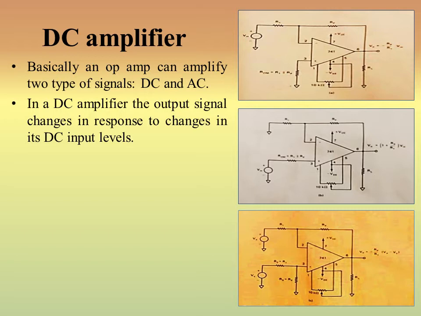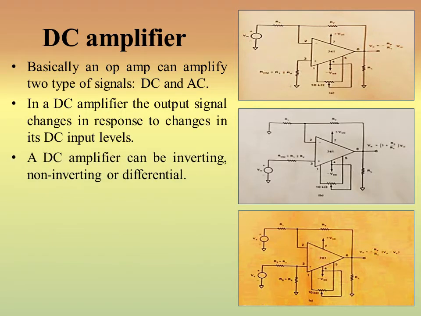If DC input level changes, then the output signal also changes accordingly. So this is basically the DC amplifier. A DC amplifier, as you can see from all the three diagrams, can be inverting, non-inverting or differential.